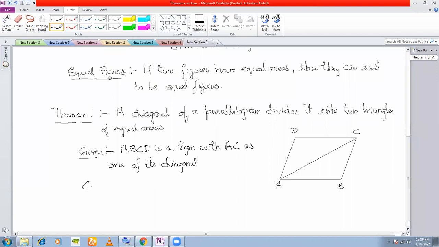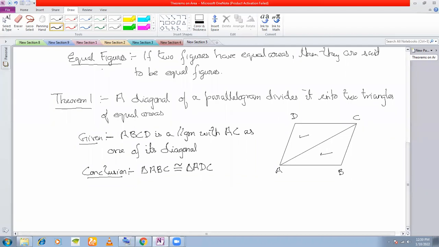Then you will conclude that triangle ABC must be congruent to triangle ADC. That means this triangle and this triangle will be congruent. Similarly for the other diagonal also. So this is the first theorem.